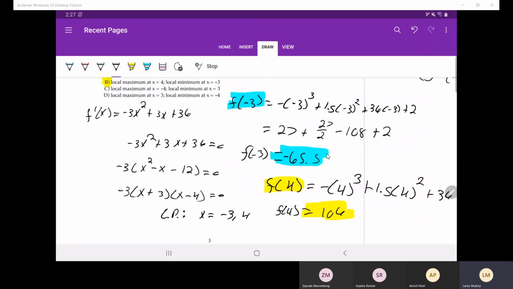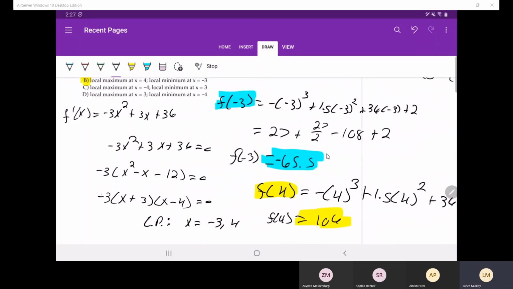That's very important. The original equation to find the location of the critical points. Are we good there?